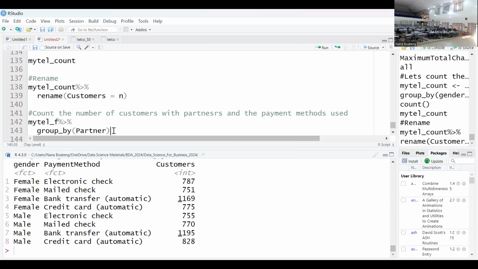Now we want to filter those who do not have partners. So let's pipe that into a filter.